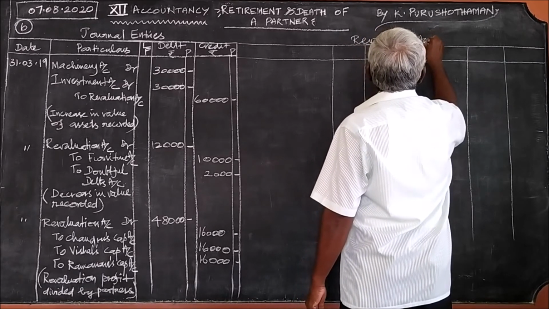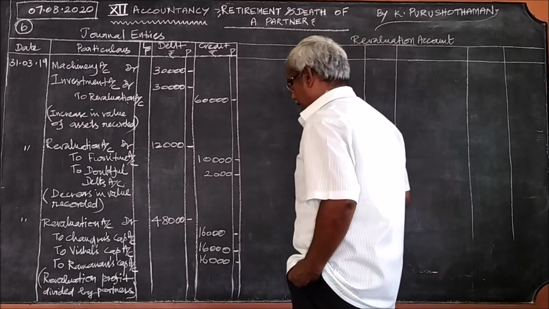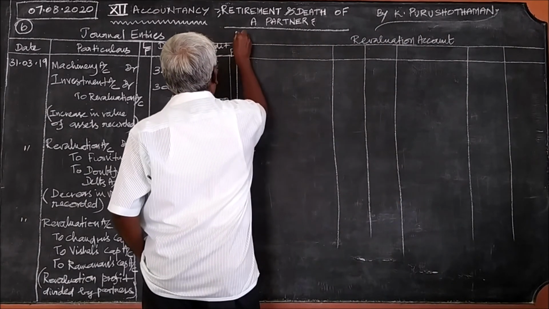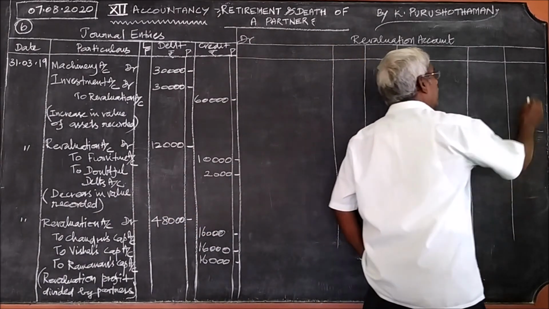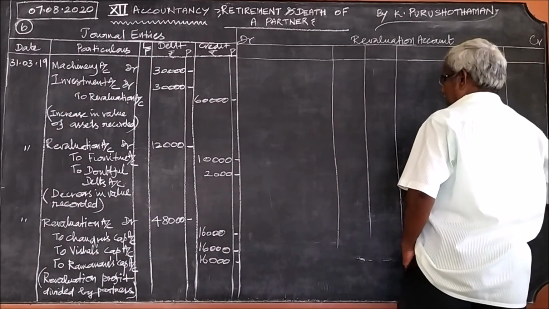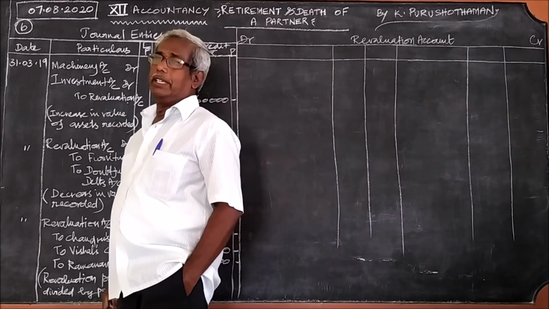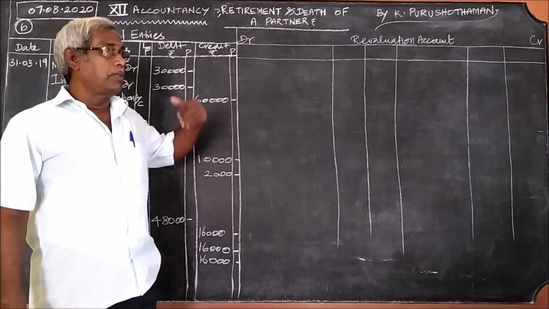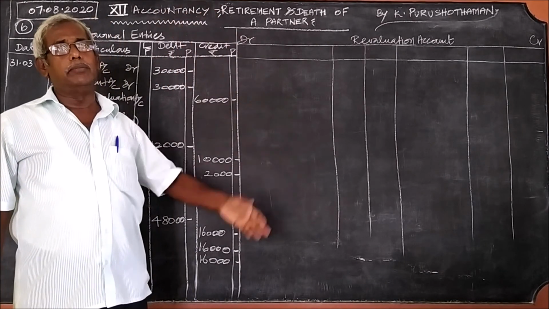Since it is an account, it is a ledger, so debtor, creditor. I remind you often because there are some points which you usually miss in the paper. So listen carefully and don't miss it in the examination paper.